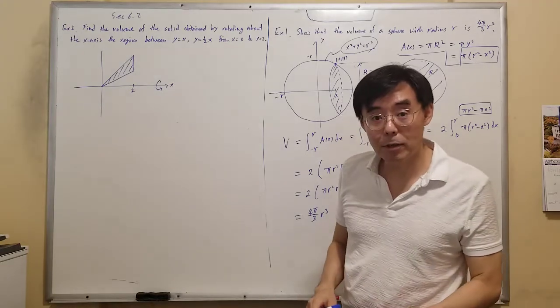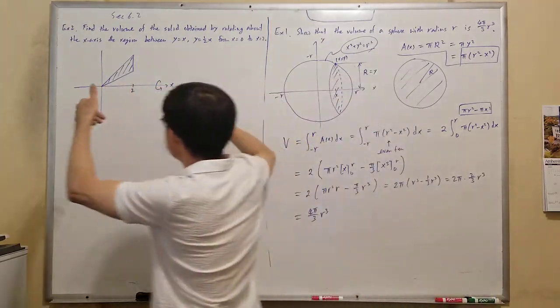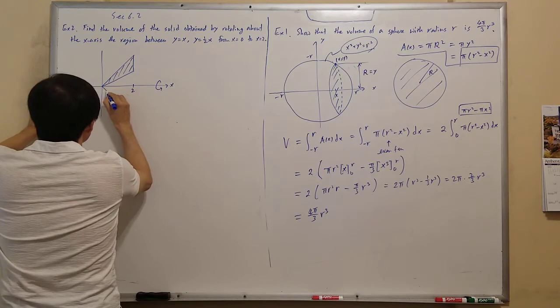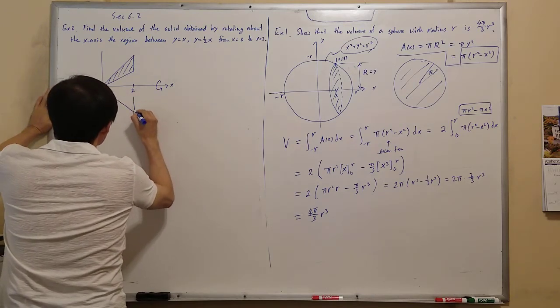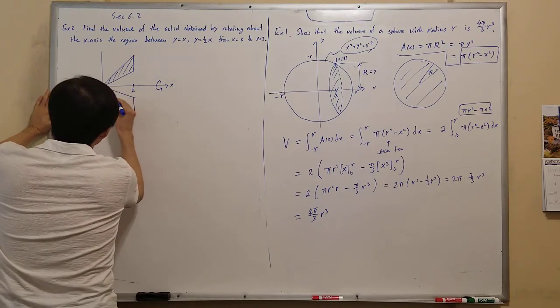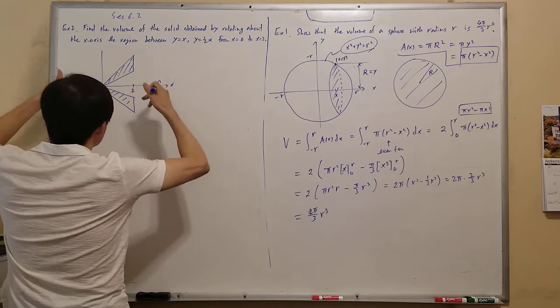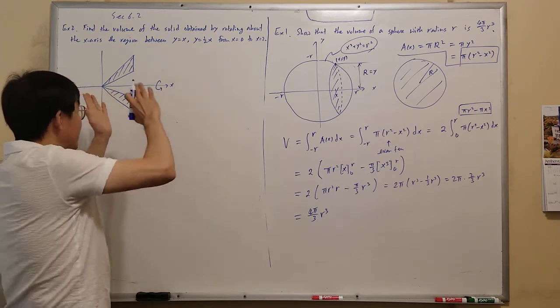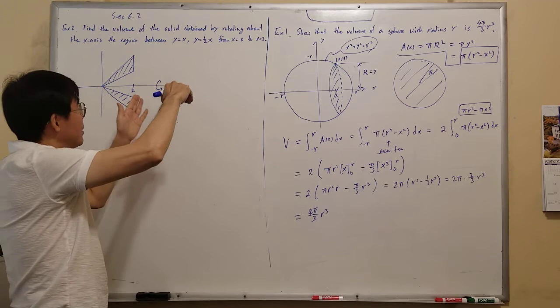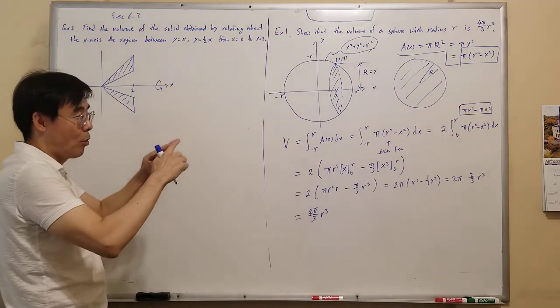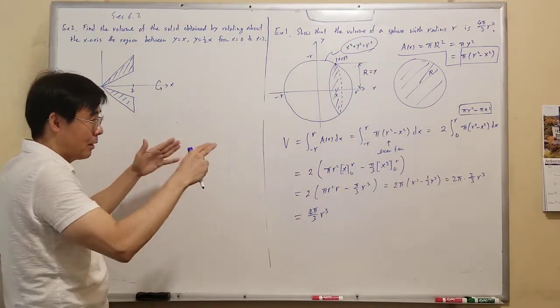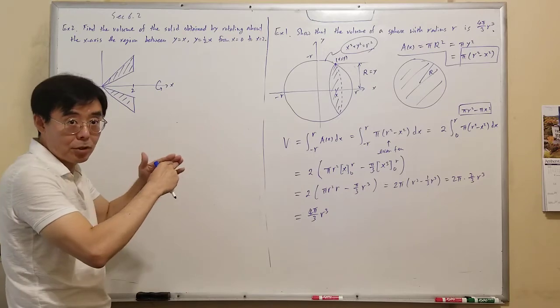Then what kind of shape are you going to get? Rotating around this, you're going to have something like this, right? It's like a cone, and a sharper cone is bored out of the circular cone.